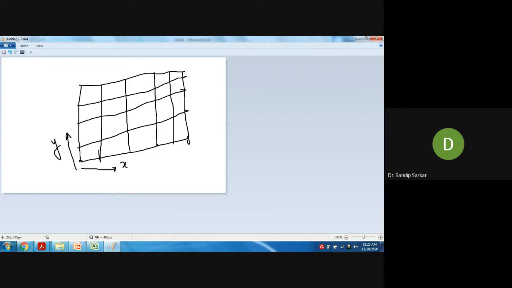This is your coordinate number 1, this is your coordinate number 2, coordinate number 3, and so on, coordinate number n. Similarly, coordinate number n plus 1, and so on.